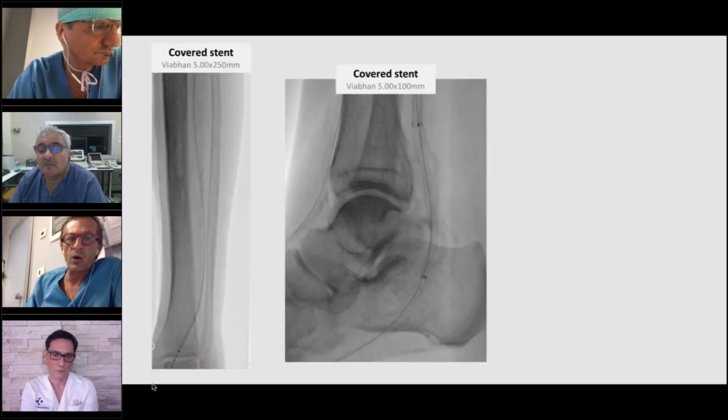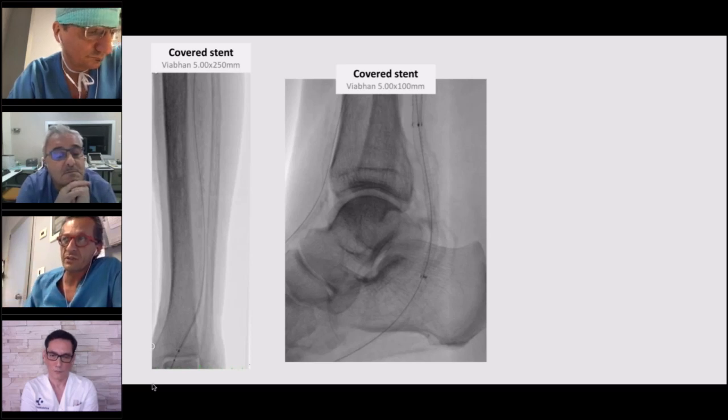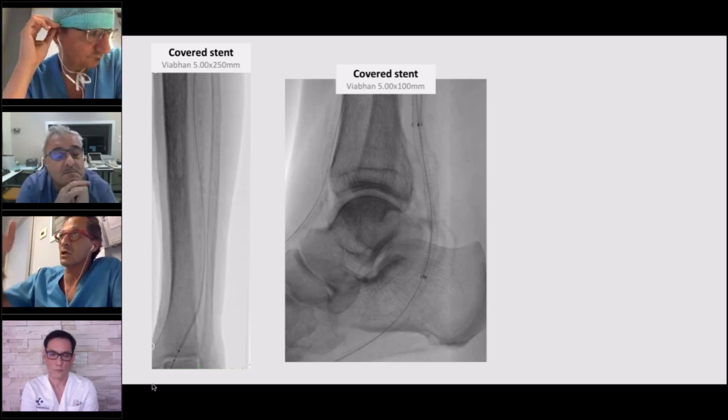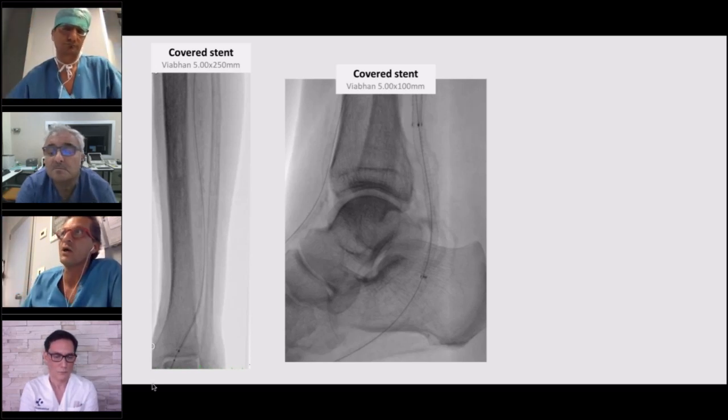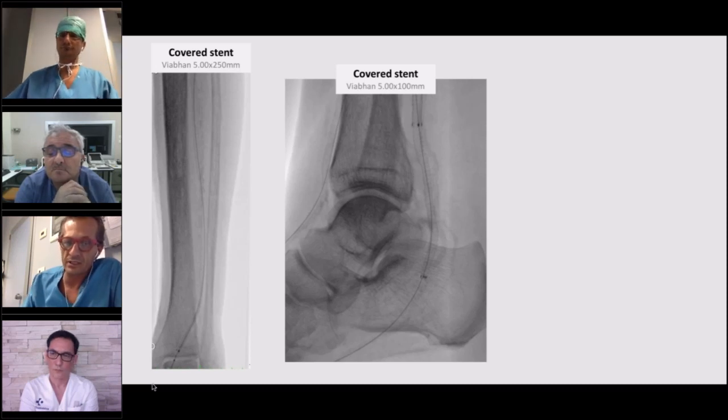We complete our arterialization placing the covered stent, a Viaban, usually 5 mm in diameter, 250 mm in length, along the tibial vessel to close all collaterals and to open all competent valves.